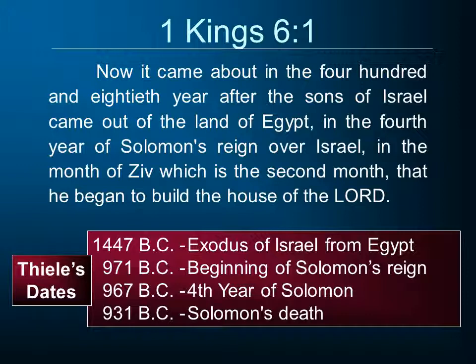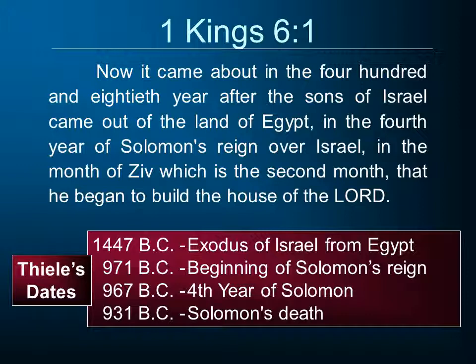Thiel puts the Exodus at 1447. I think he's within 10 years or so of being on target. And that would put the beginning of Solomon's reign at 971 BC, and then the 4th year of Solomon's would be 967. And if I add the rest of that in, when we get to 931 BC, we're going to have Solomon's death.